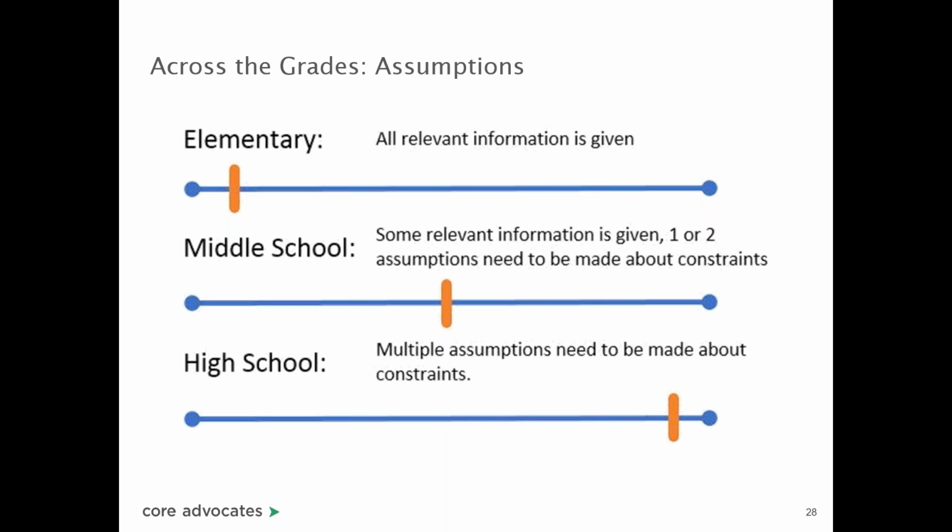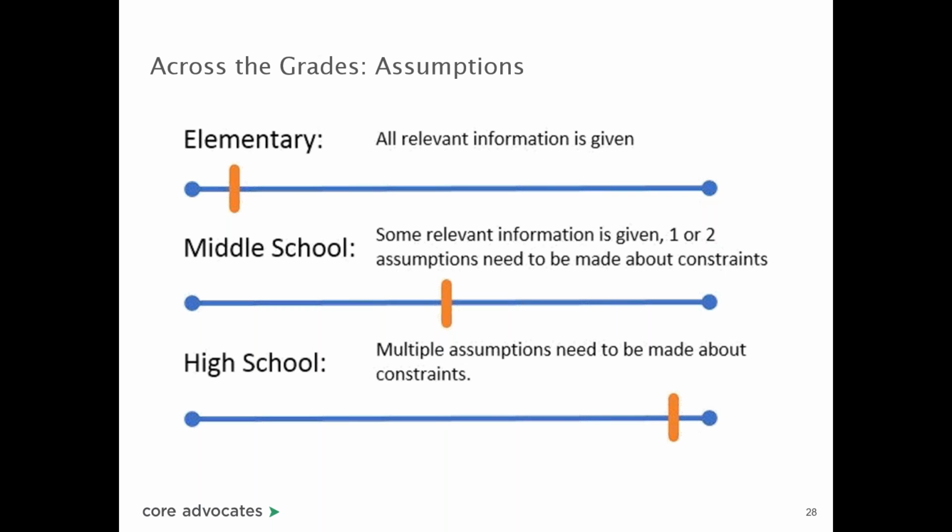In middle school, some of the relevant information is given, but students have to make one or two assumptions, and they need to be identified within the context of that problem. In high school, multiple assumptions are being made, and the high school students have to identify all of those. They have to figure out what the values are, what they need to think about as they look at their task and try to come up with that final conclusion.